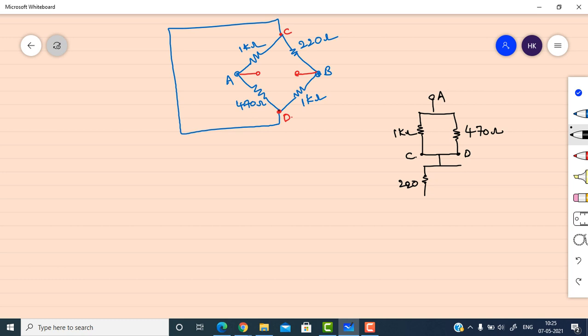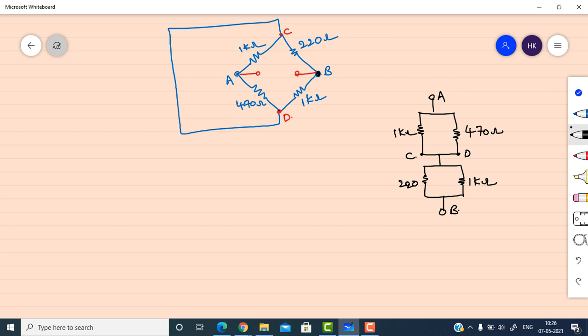And to D point, 1 kilo ohm resistor is connected. So C and D are the same point only. So to C and D, 220 and 1 kilo ohm are connected. Now this 220 ohm other end and 1 kilo ohm other end, these two are connected to which point? B point. So now these two are connected to B point.